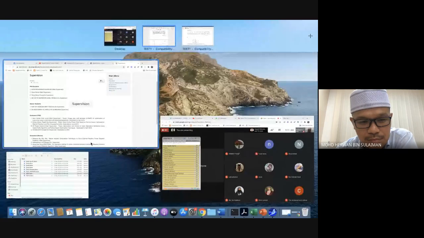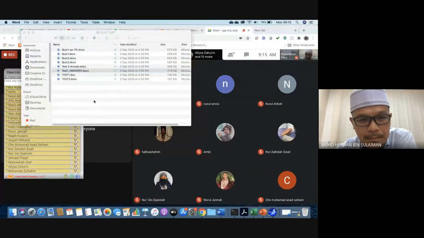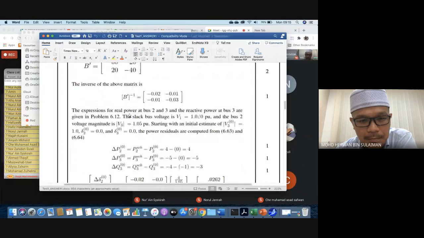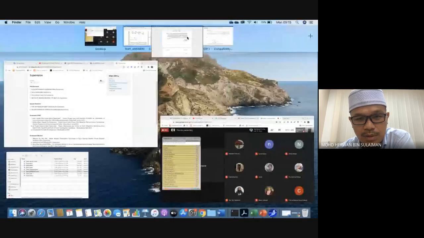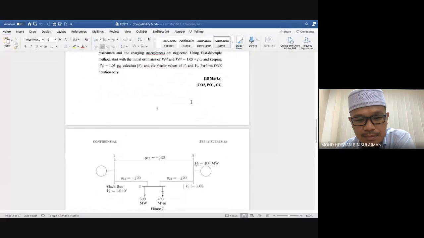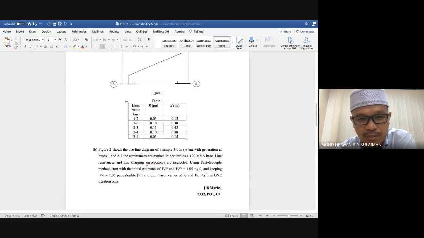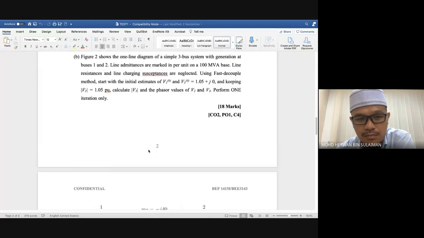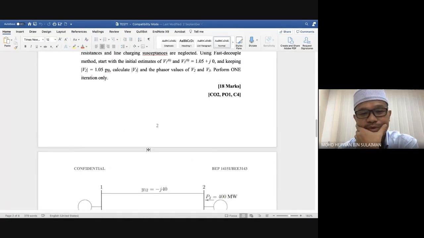Okay, any questions? So we take a look at the fast decoupled. Look at this question. The top part is just constructing the Y bus, which can be ignored. Figure 2 shows the one line diagram of a simple 3 bus system with generation at bus 1 and bus 2.